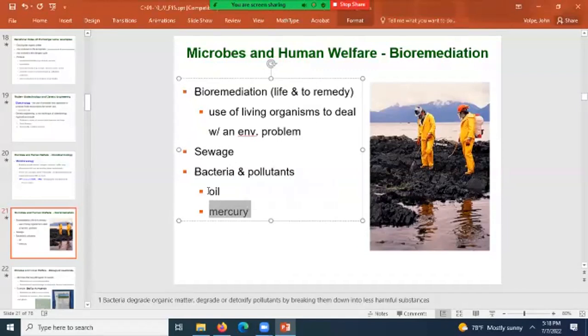But oil is broken down into carbon dioxide and water. And so it would be totally broken down in the ecosystem, where we use microbes to degrade and to detoxify pollutants, breaking them down to less harmful substances.